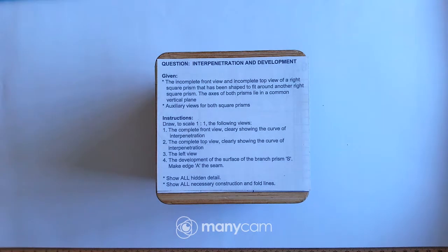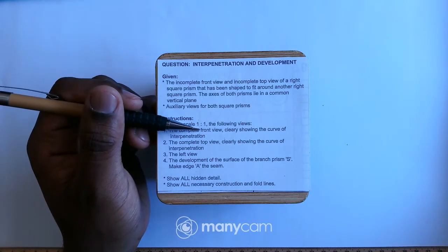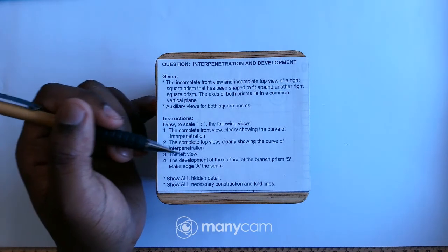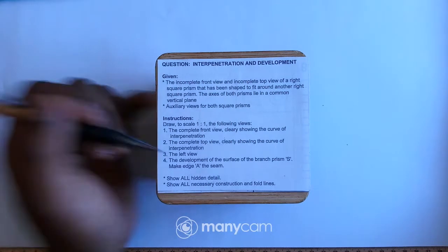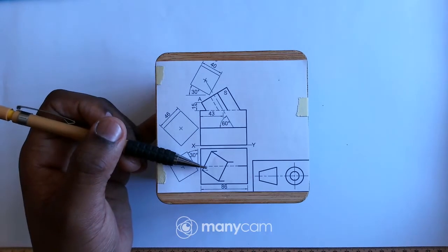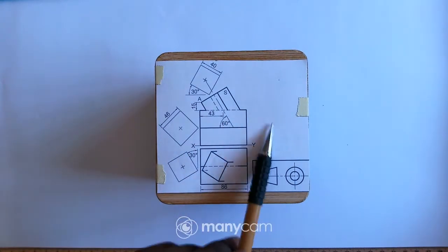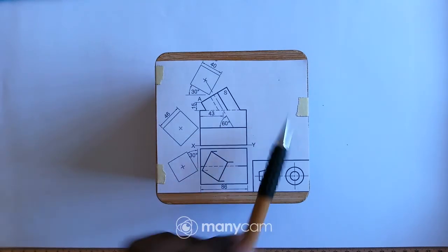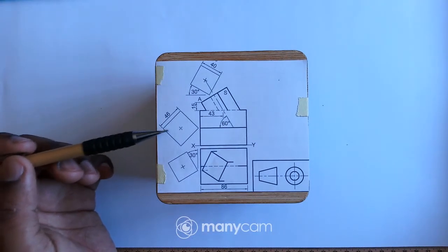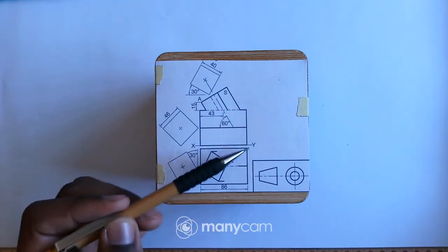Okay, perfect. So remember, interpenetration and development is always in first angle. From the instructions, we have to draw the complete front view, the complete top view, and the complete left view. And we are only given the front view and the top view. So that means the left view will be on our right hand side, somewhere this side, right? We are given the auxiliary view here for the main prism.